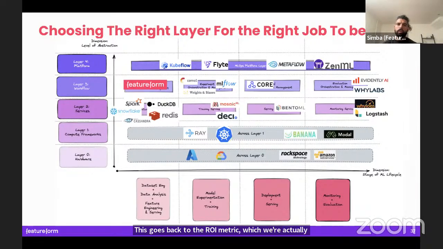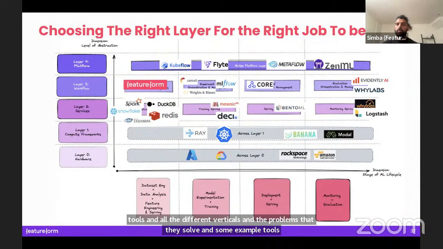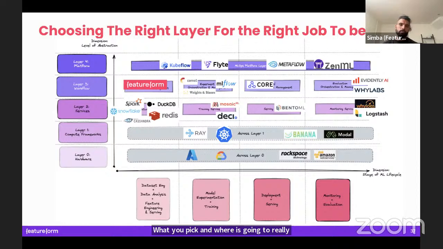But I really want to make sure that the takeaway here isn't, if I'm building from scratch, build everything, get every tool, get them all working together. What I try to do here is show you all the different tools and all the different verticals and the problems that they solve and some example tools. What you pick and where is going to really depend on your company, your problem space, and your data scientists to an extent. In the end, that's what we do. We enable data scientists.